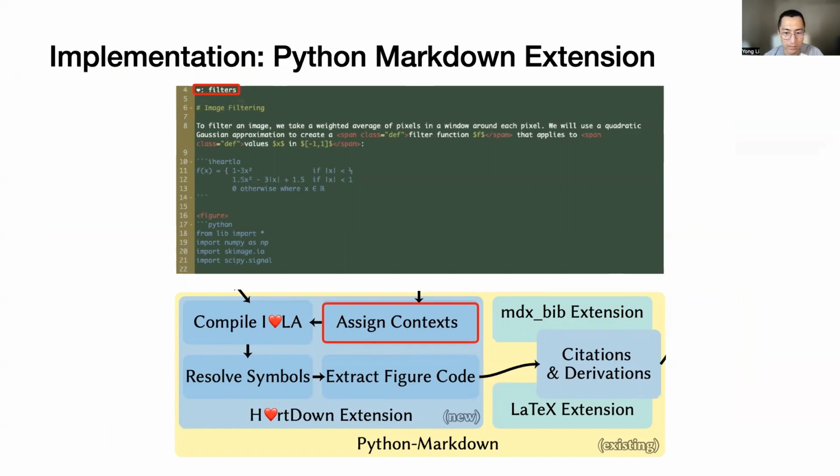Then rtDown concatenates all rtDown code from the same context and compiles it into both executable code for the libraries and MathJax. rtDown then searches for each symbol in the user's LaTeX derivations and applies the LaTeX command used by our MathJax extension, so that the derivation symbols can be queried uniformly. If the source contains the figure code, the rtDown extension will extract them in the end.